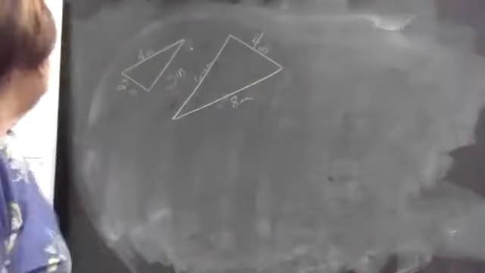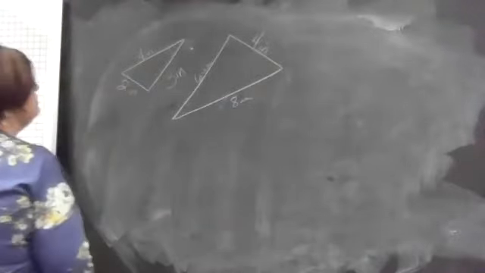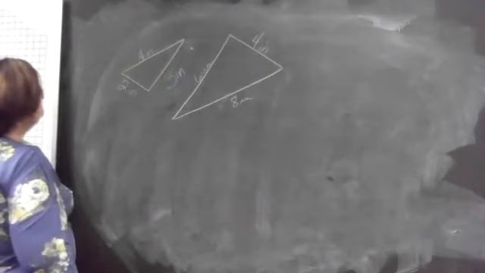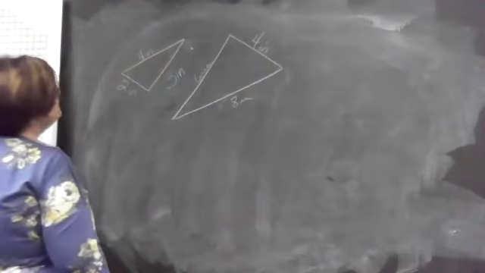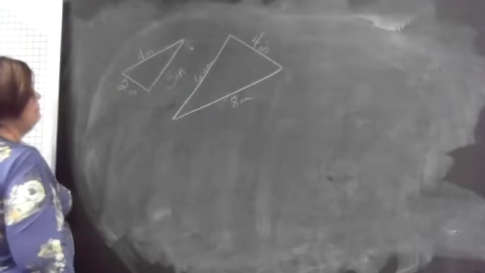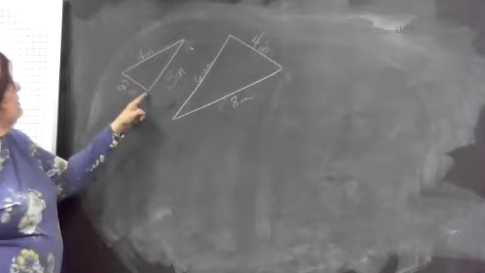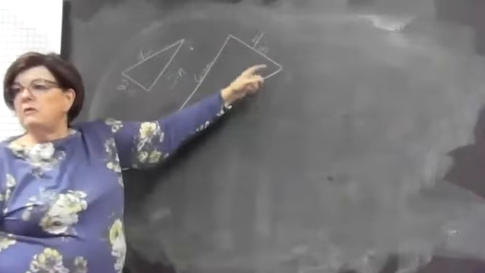Okay. So what we're going to have to do now, if I were you, I would put letters on these. It might help you. So if we look at the smaller side, here's the smaller side. That helps, right?